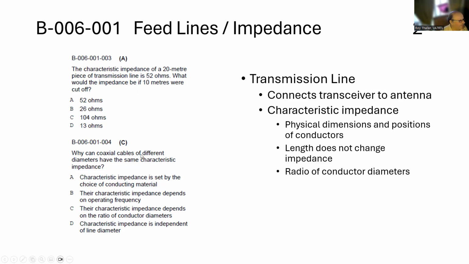Why can coaxial cables of different diameters have the same characteristic impedance? Again, it's all related to the ratio of the conductor diameters in the coax cable. So C is the correct answer. Their characteristic impedance depends on the ratio of conductor diameters.